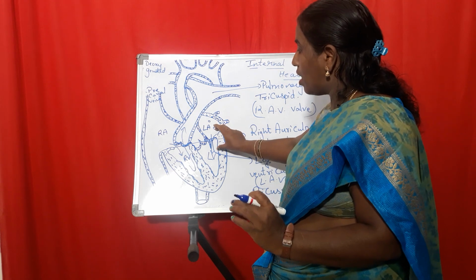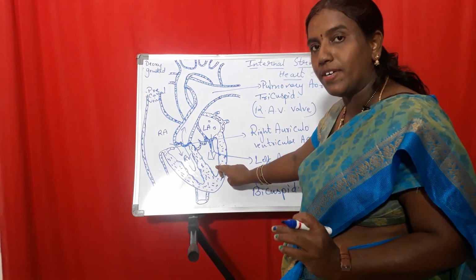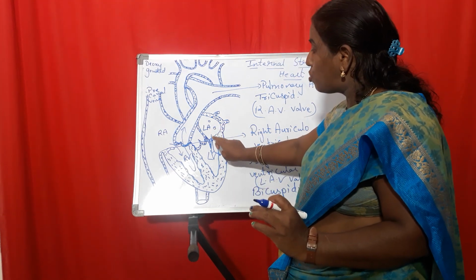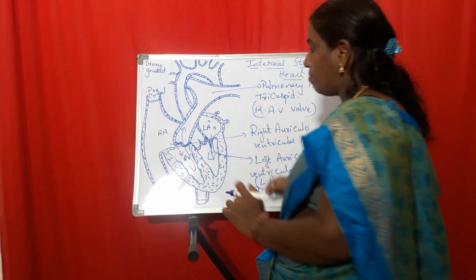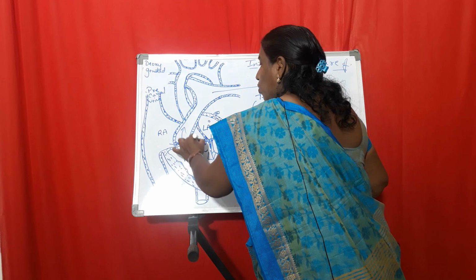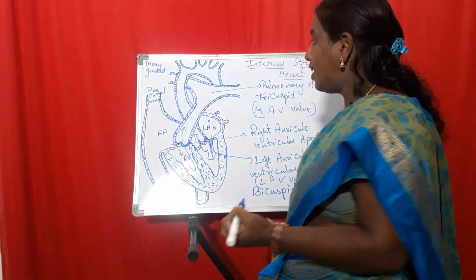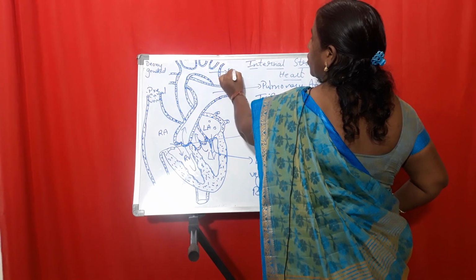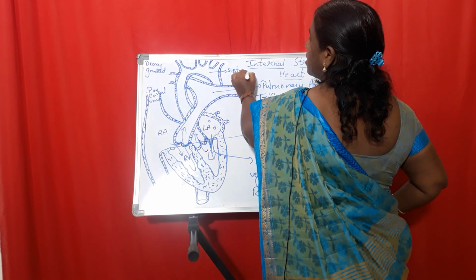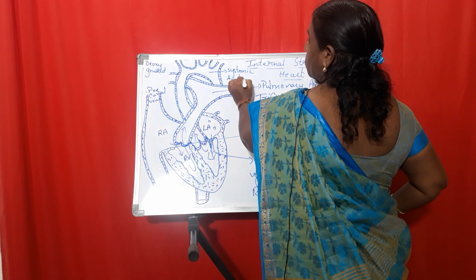On the left side of the heart, in between left auricle and left ventricle, there are 2 cusps. That is why it is the bicuspid valve. Now from here, again the blood goes upwards and enters into the systemic aorta. Here it is shown. So this is the systemic aorta.